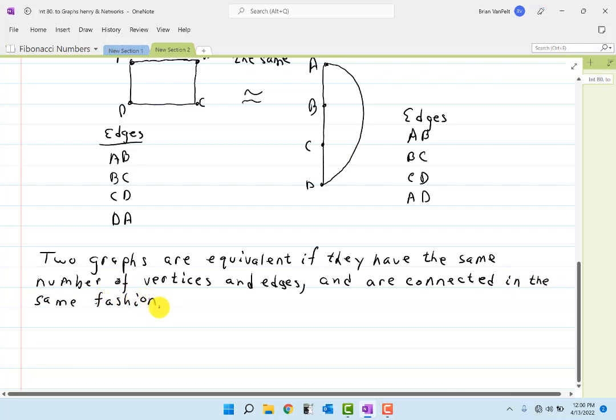What is that fashion? Well, I hope to have described it to you by the example that I just did.